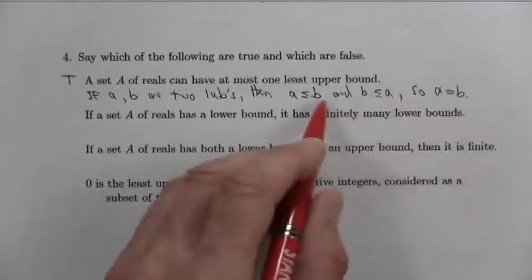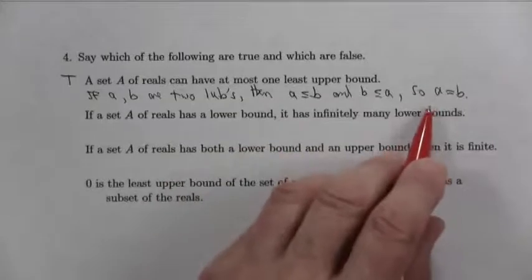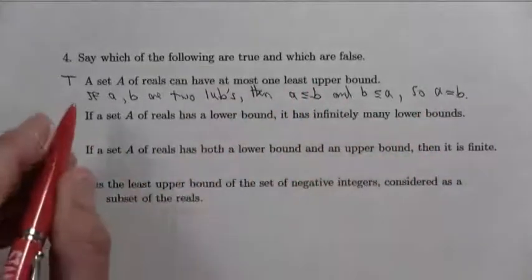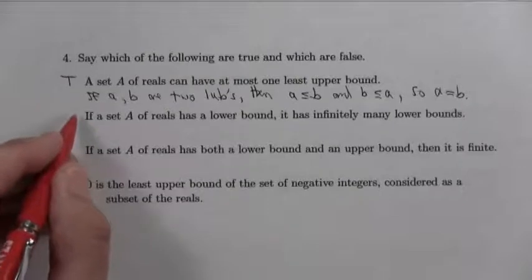So you'd have inequalities in both directions, so A would be equal to B. So in fact there's only one of them, if there's one at all.